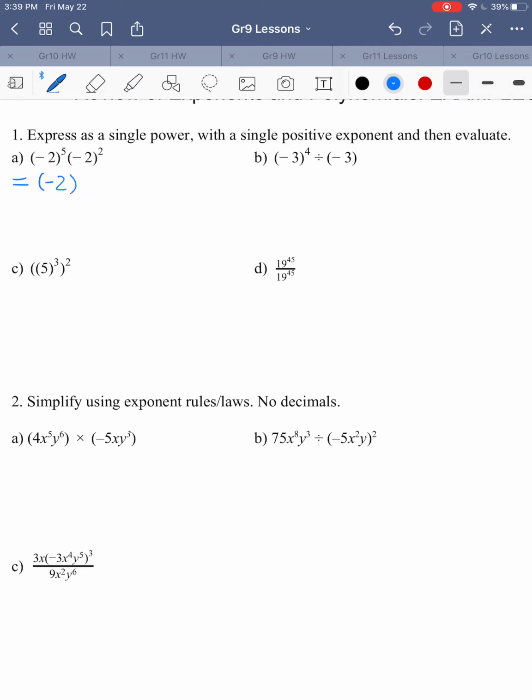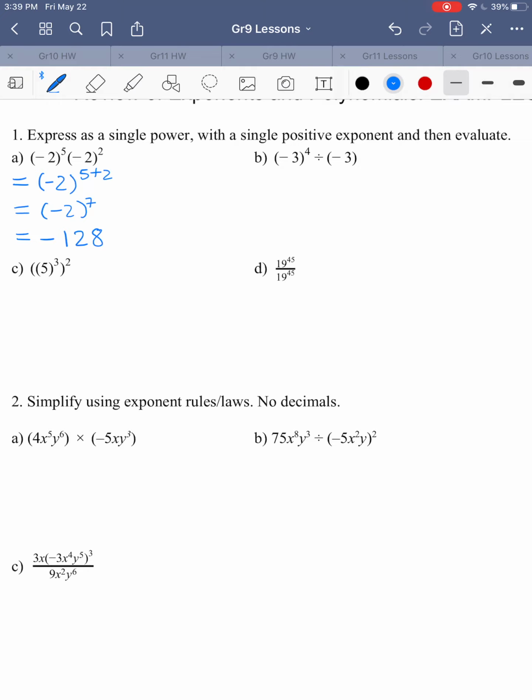So we end up with negative 2 to the power of 5 plus 2. That gives us negative 2 to the power of 7. And if we evaluate that, we get negative 128. So that negative 2 to the power of 7 is expressed with a single positive exponent and as a single power.